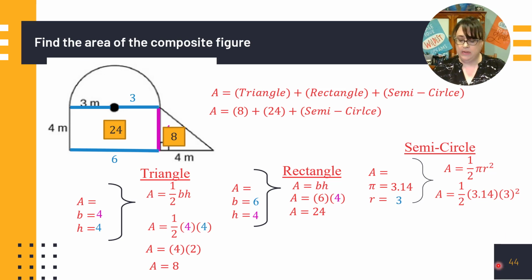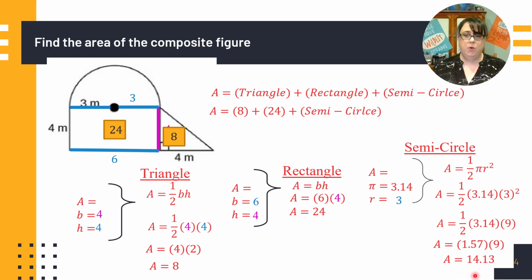So 3 squared is 9. And then I can do this multiplication in any order I want. So I did 1/2 of 3.14, which is 1.57, and then 1.57 times 9 is 14.13, which means this area is 14.13. So now I can just add all of those up and I get my total area.